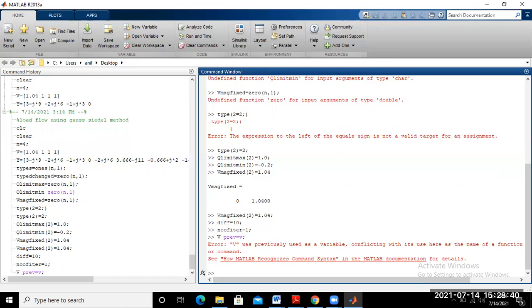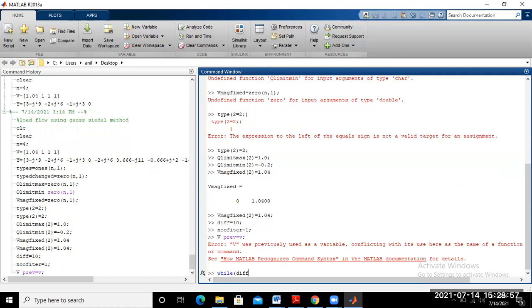Next one, while distance greater than 0.001.